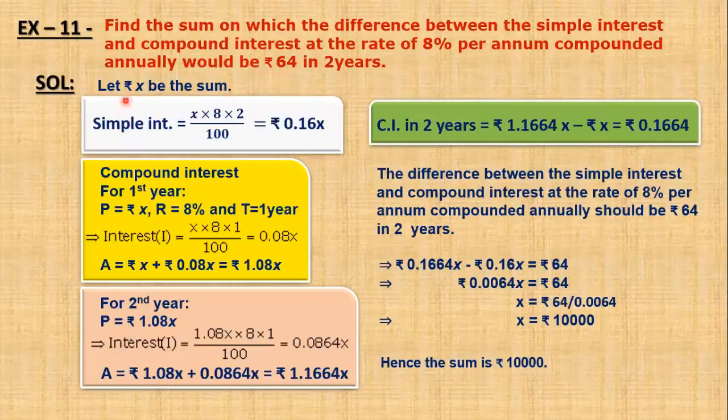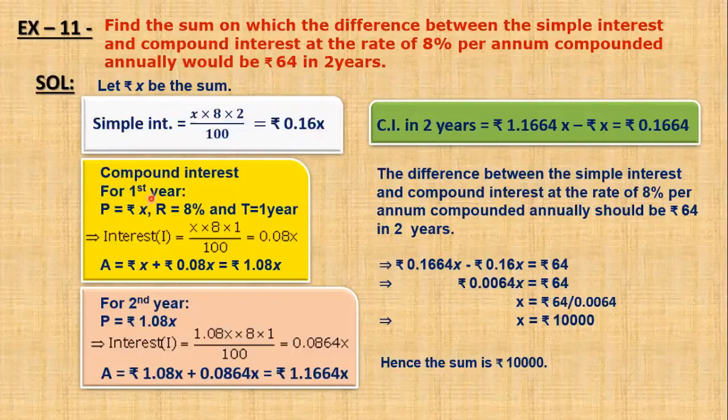Now we can suppose let the sum be rupees x. So simple interest is equal to, using the formula PRT upon 100, principal x, rate 8%, time 2 years, which will give rupees 0.16x.